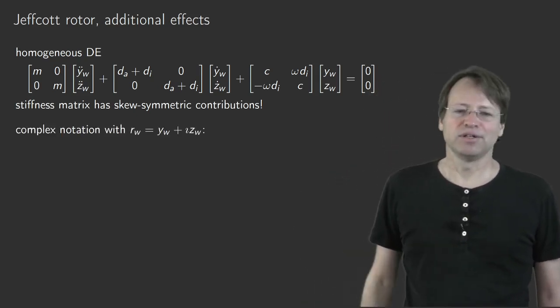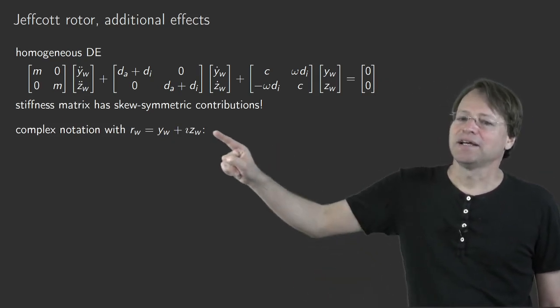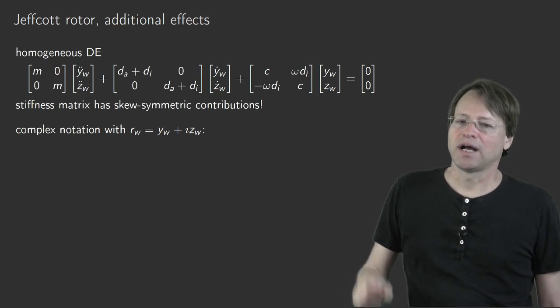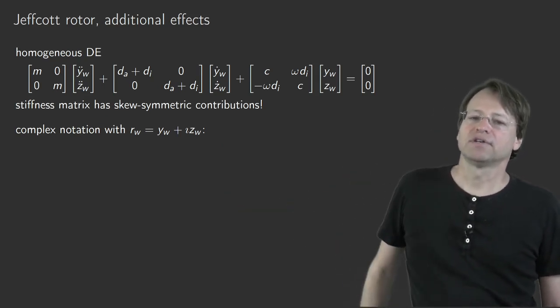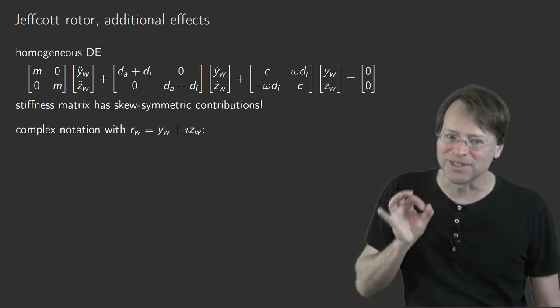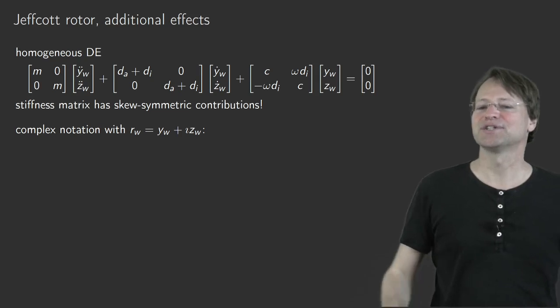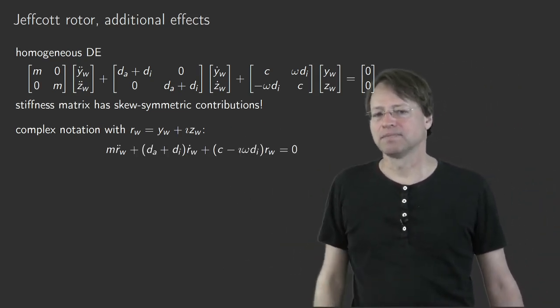So this is really the video on complex numbers here in that course. So again, I use the complex notation so I can assemble the two equations into one homogeneous linear ordinary differential equation, but in complex numbers. So here it is.